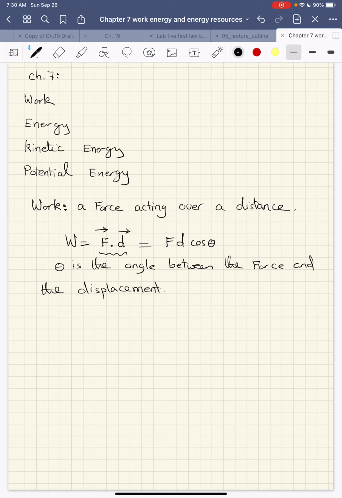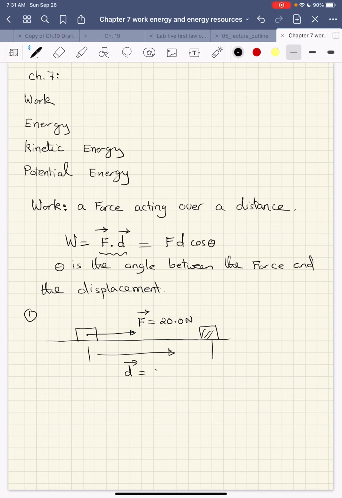Okay, and for example here, I will show you several examples just to show you how we are going to calculate. For example, I have an object that is on a level table, and there is a force that is 20 newtons acting, and it was moving the object for a total displacement of 2 meters.